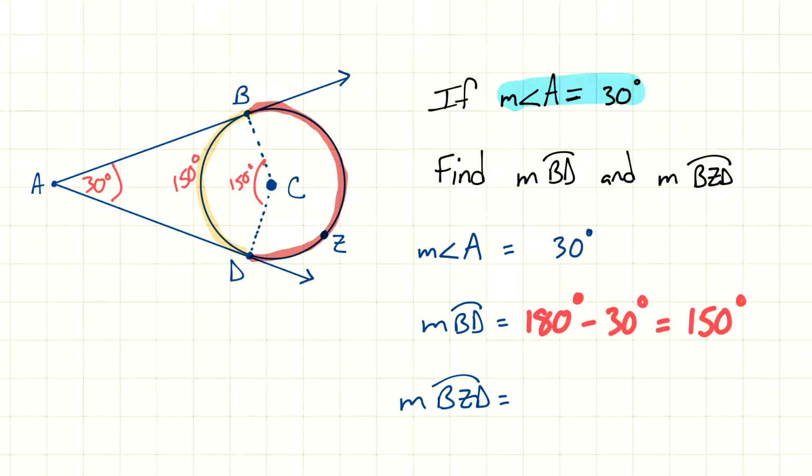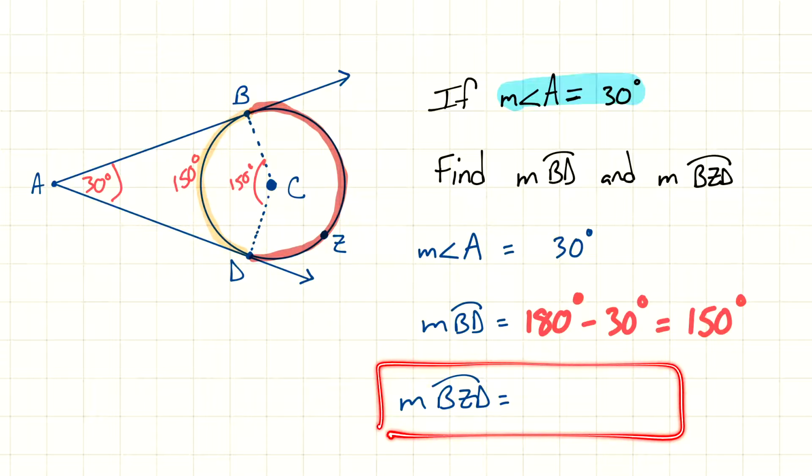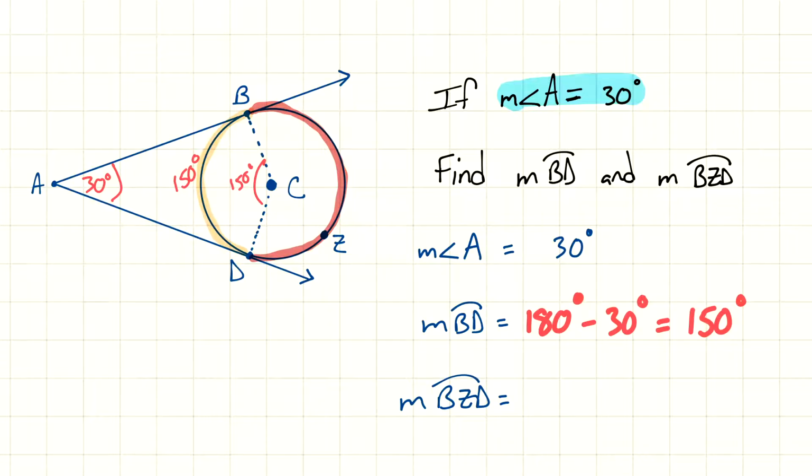All right, and then the last one, what about this major arc? Now that we know the minor arc is 150, what is the major arc going to equal? So let's see if you could tell me that one. All right, so let's see if you get this.